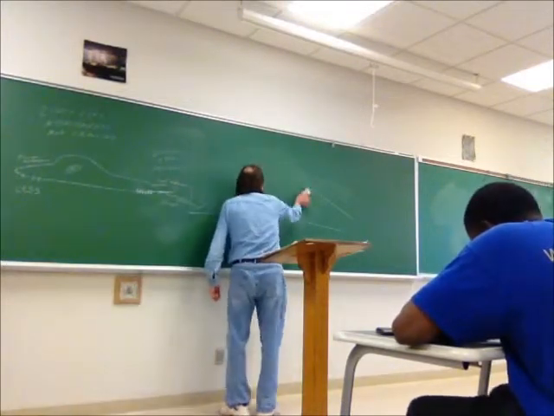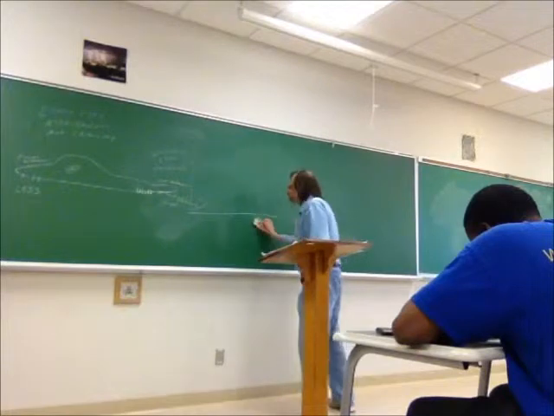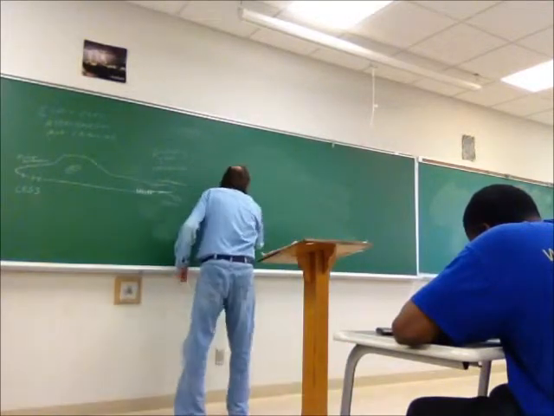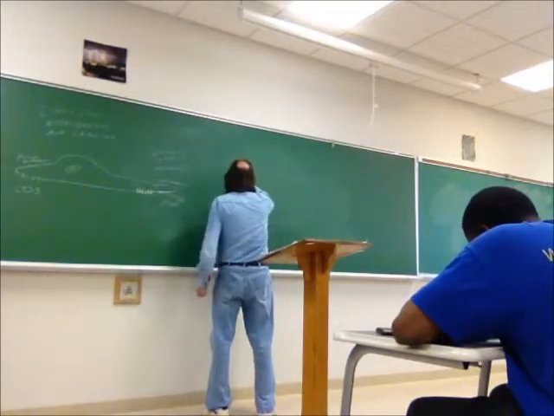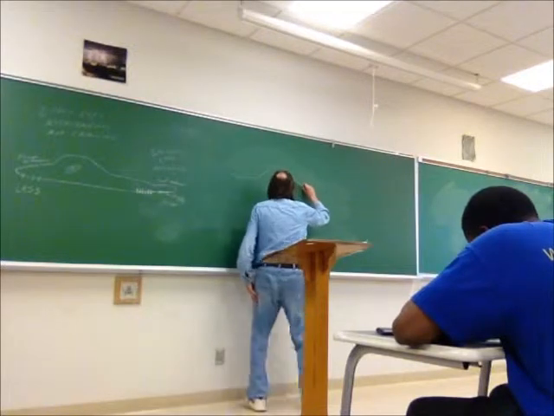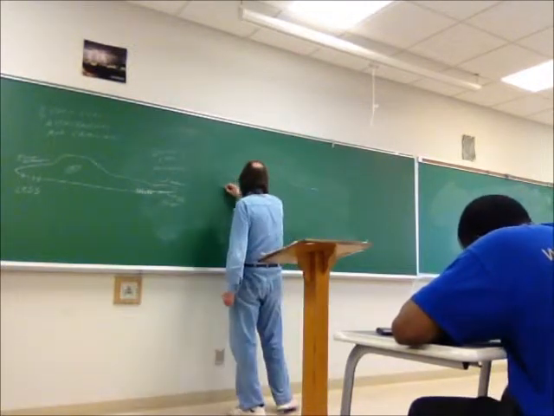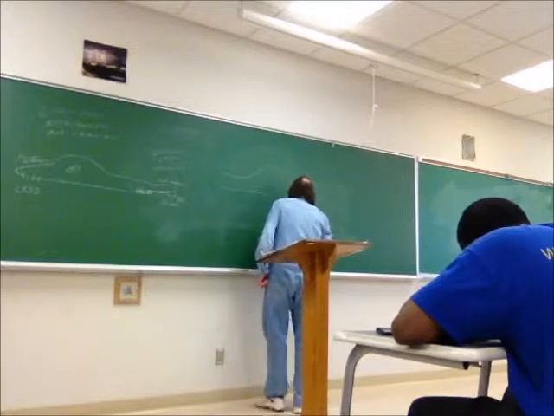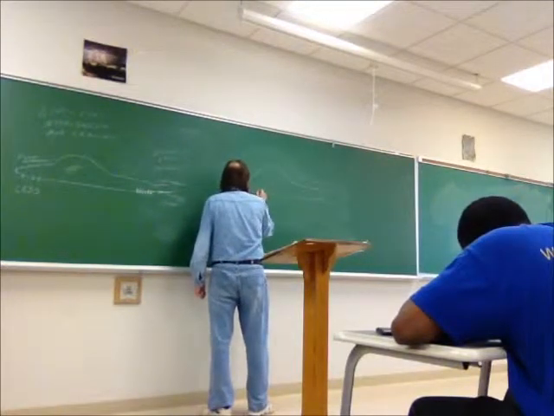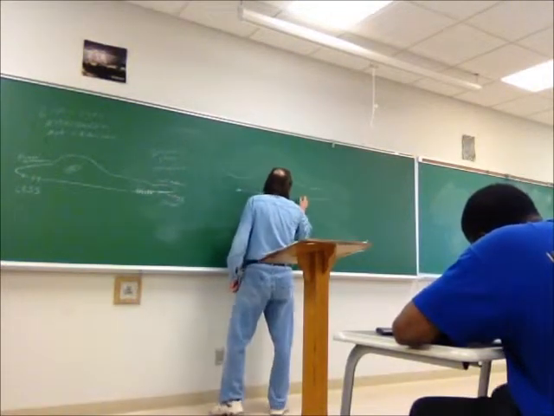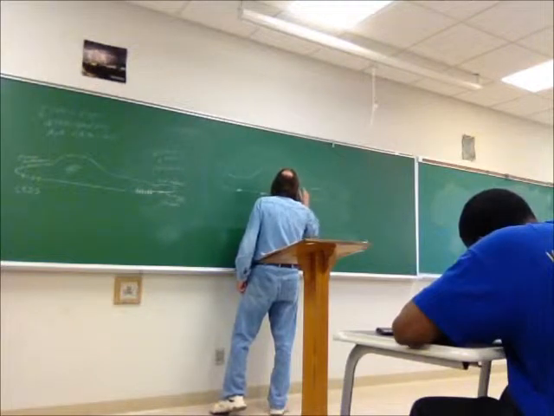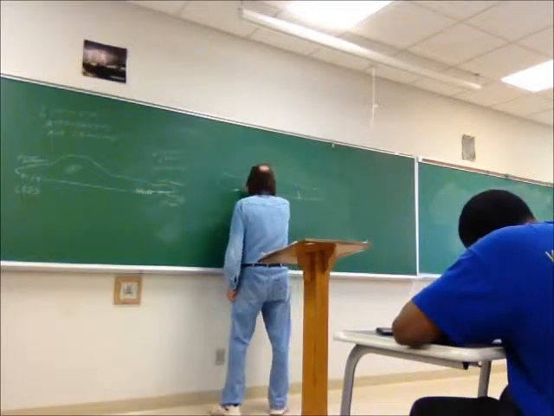Now, a little more detailed view of the cell crawling. Here's our cell. Okay, the cell is going to be attached to the ECM at various points, these focal adhesions. And I'll just run some microfilaments into the interior.